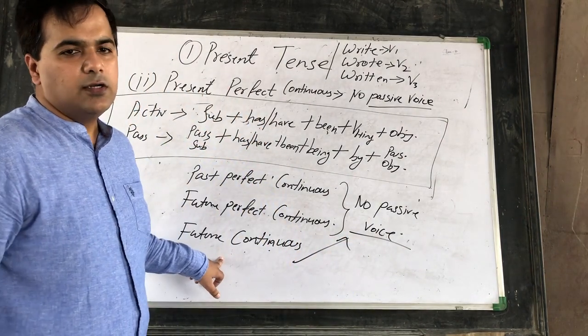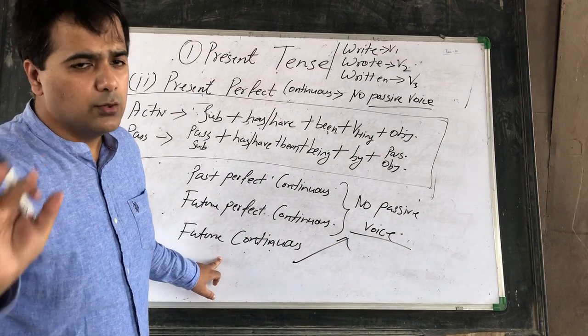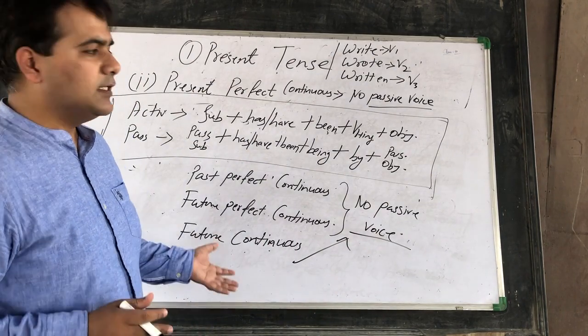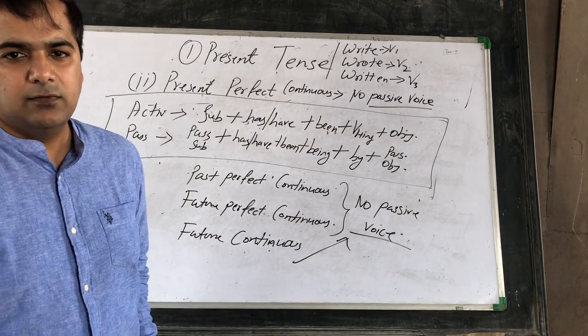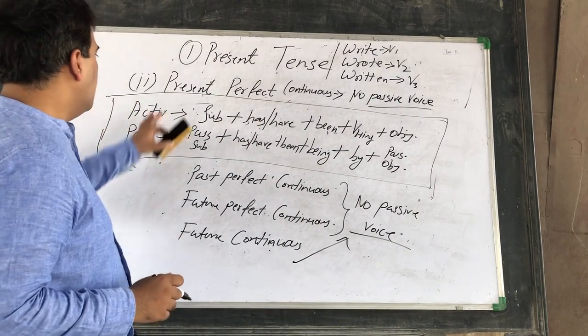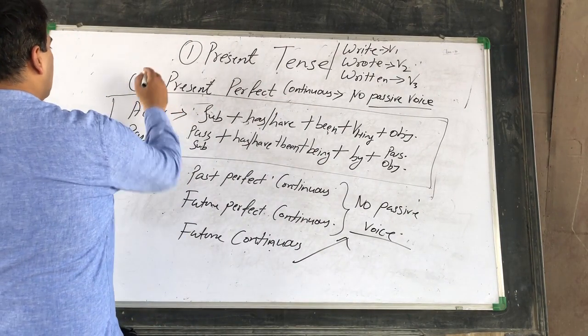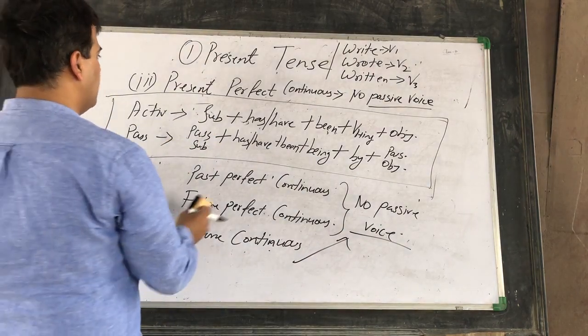In the future continuous tense, passive voice will also not be followed. Fine, so which makes 4 tenses are excluded, which makes 8 tense here. So only in 8 tense the passive voice is followed. Fine, so by this we have completed our present tense section. Let us move on to the past tense.